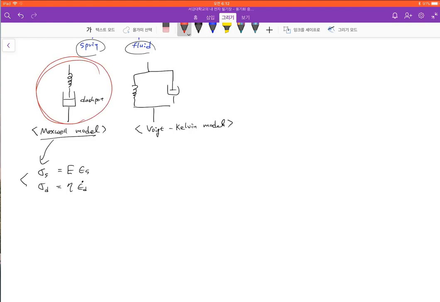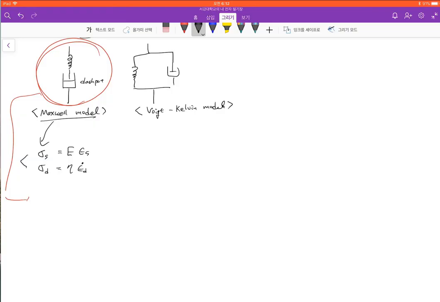From the Maxwell model, the spring and dashpot are located in series. If you apply a certain stress to this object, the overall stress will be the same as this, right? And the overall strain will be the sum of the spring strain and the dashpot strain, right?